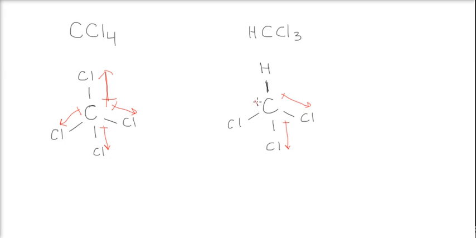Now, in the case of chloroform, even though hydrogen is all the way to the left on the periodic table and carbon is almost all the way to the right, you would think that there's a large difference in electronegativity between these two elements. In fact, there actually is not a large difference.